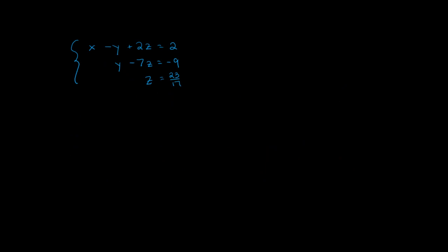So now we're going to back substitute. So I'm going to put z into my second equation so I can solve for y. So y minus 7 times 23 over 17 is negative 9. 23 times 7, so that's going to be minus 161 over 17 is negative 9 over 1. I have to get a common denominator, so I need to multiply that by 17.